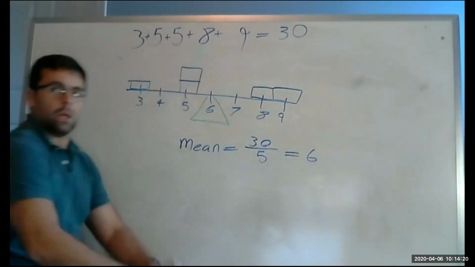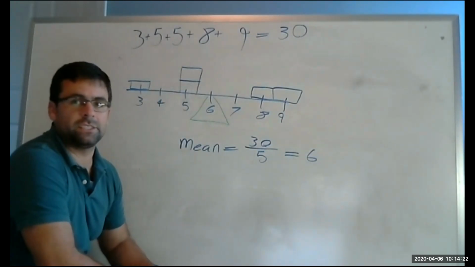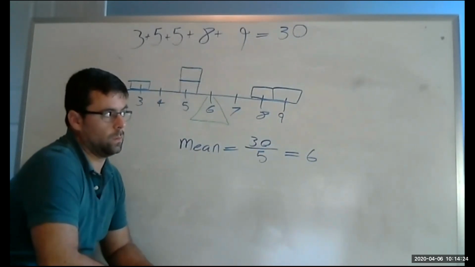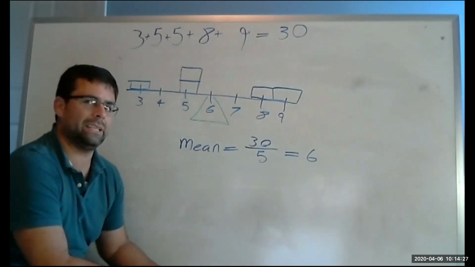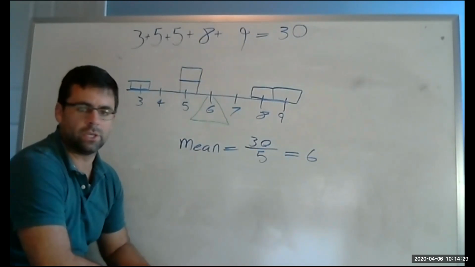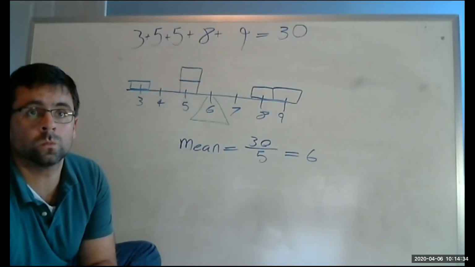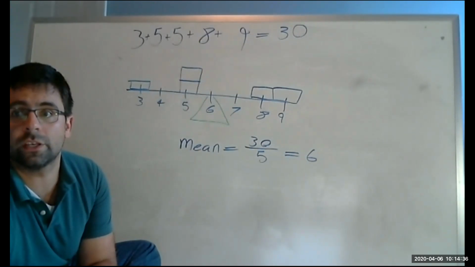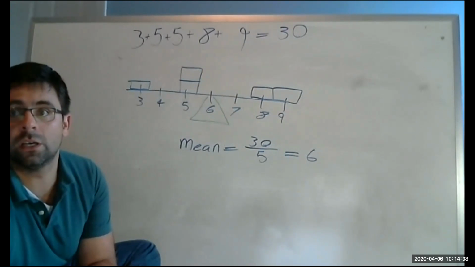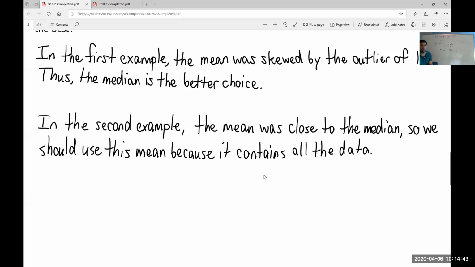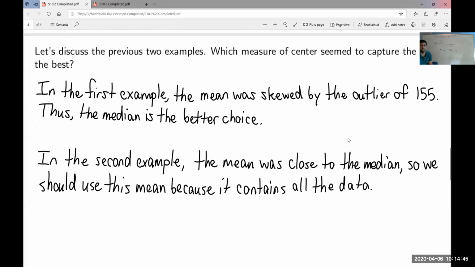So this is kind of where we ended up last time. We talked about the data sets. In the 2 data sets we had, one of them, the mean was skewed because of the outlier of 155.